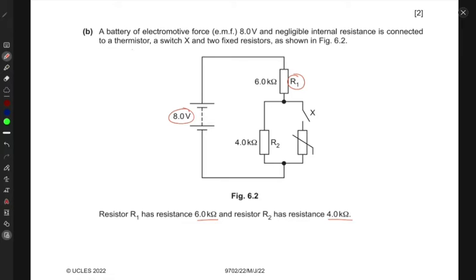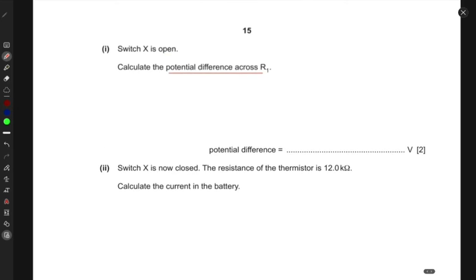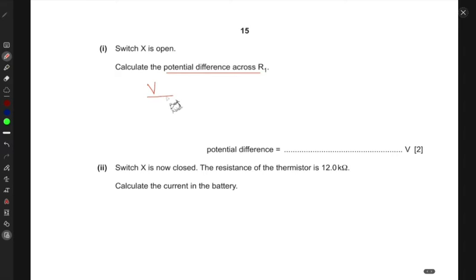We can write an equation for the value of V across R1, and that equation would be V over the total EMF of the battery is equal to the resistance R1 divided by R1 plus R2, right?